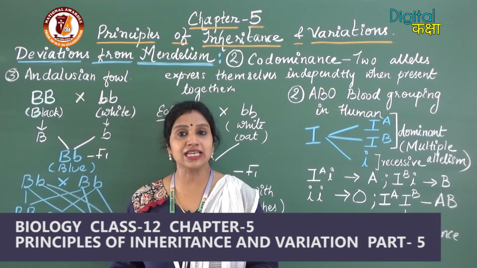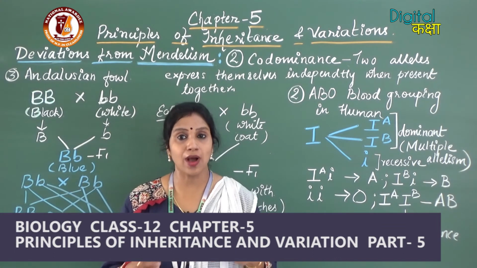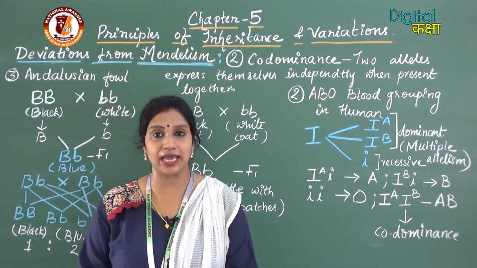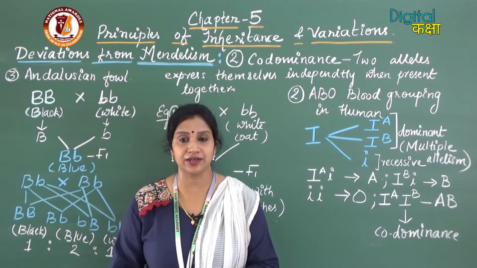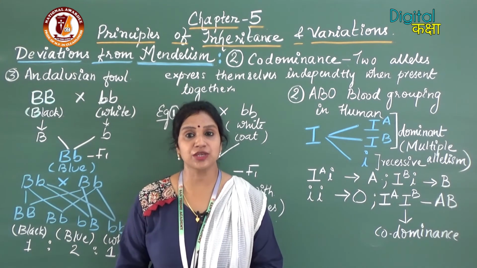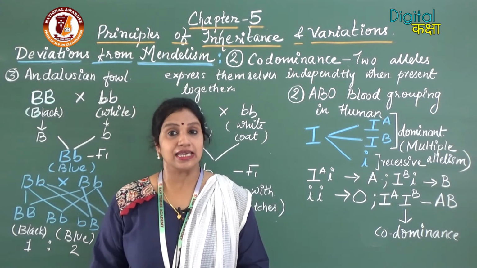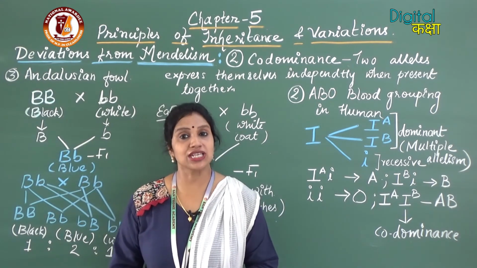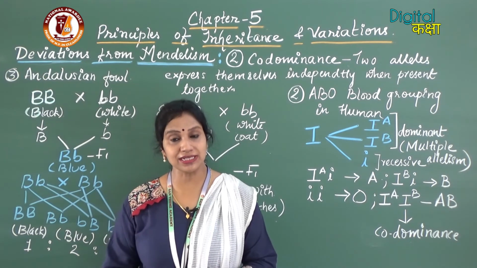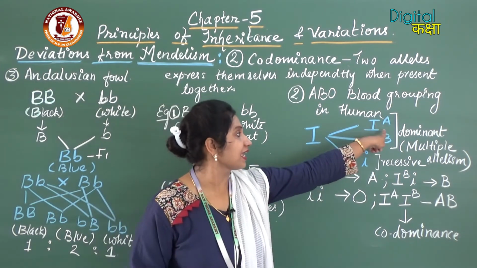Now let us go into a little more detail about this blood group. Why is it IA, why is it IB and why is it small i, why are these three alleles there? On the RBCs of the individual, a special type of sugar is present. In some individuals, the type of sugar present is the A type. That means the allele is IA.